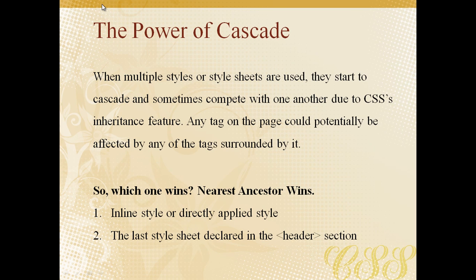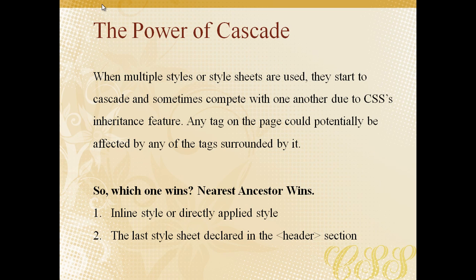So the power of cascading. We have seen the cascading can be given as inline or embedded or external style sheet. And the style applied for the parent will also be applied for the child tag. So you have multiple styles or multiple sheets, then they start to cascade and sometimes compete with one another due to the CSS inheritance feature.